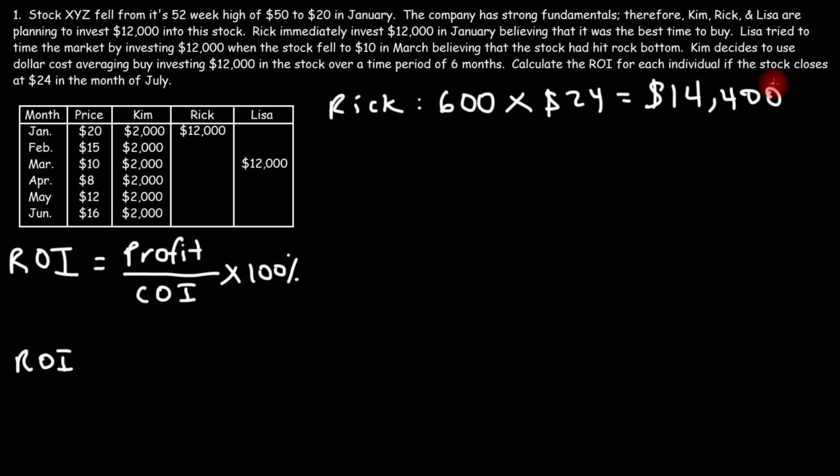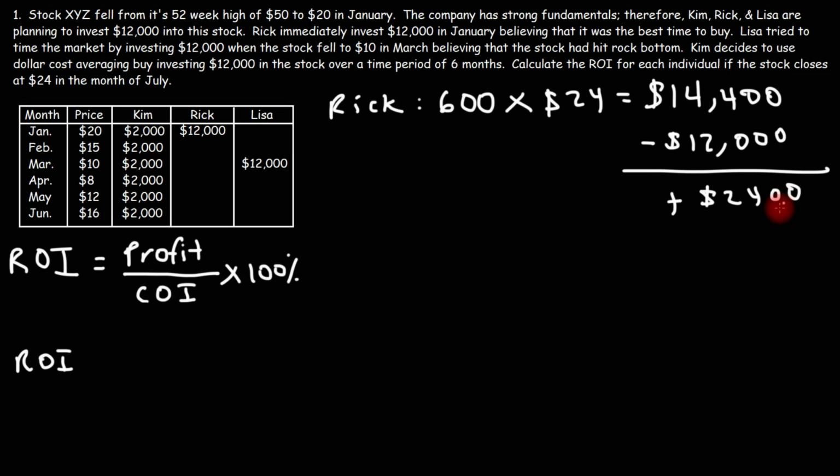So in the case of Rick, he sold his shares at $14,400, but he put in $12,000. So the difference will be his profit. So he made $2,400 from that investment. So that's his profit. And the cost of investment was $12,000 for Rick.